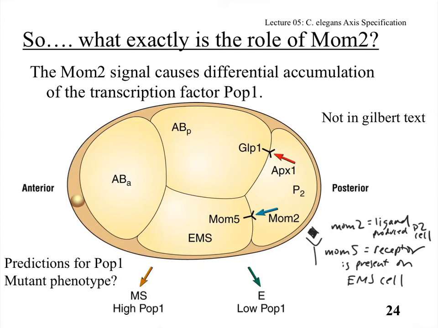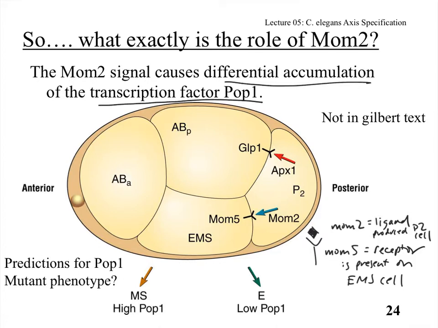Moreover, I want to tie this into a downstream aspect of the signaling pathway. You know that cell-cell signaling is typically going to result in a change in gene expression. And so the MOM2 signal, before it affects gene expression, actually causes, as it says up here on the top, differential accumulation of a transcription factor, which is called POP1.